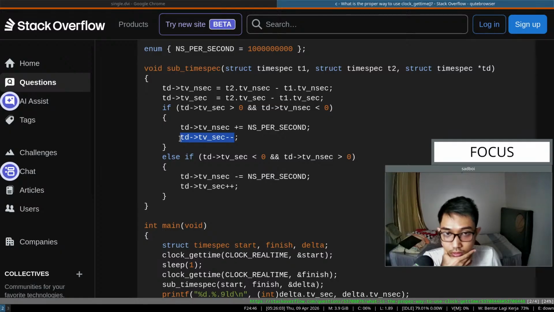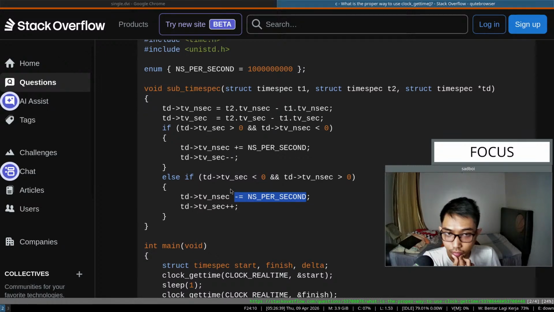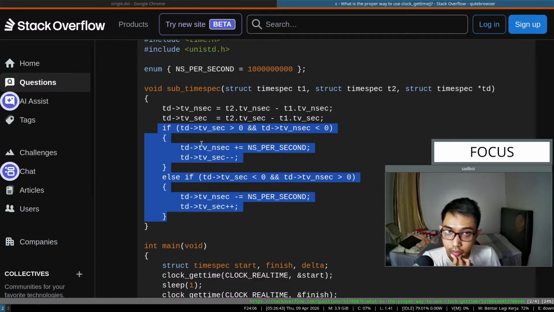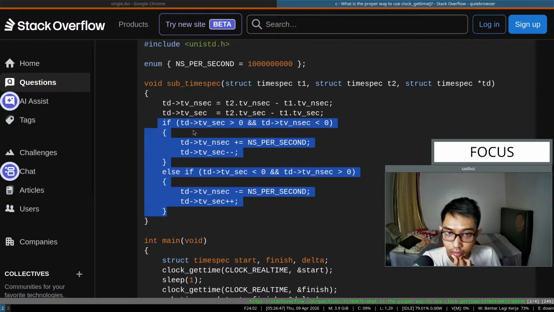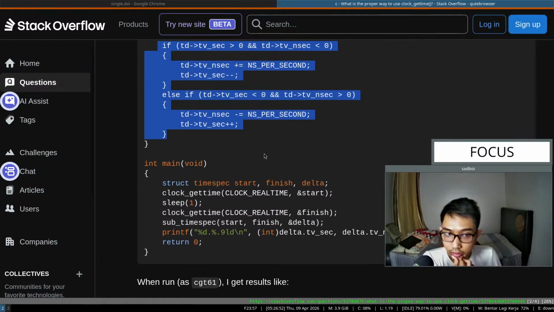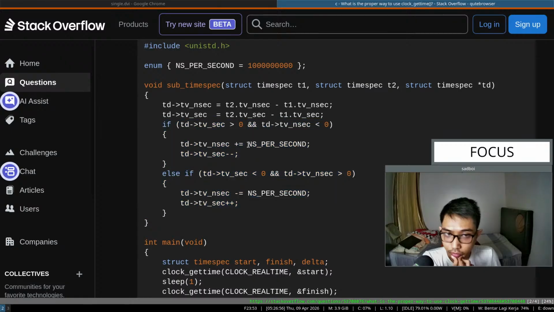Why are we doing this? Yeah, I'm not sure when this condition is fulfilled, and also why we need this one.